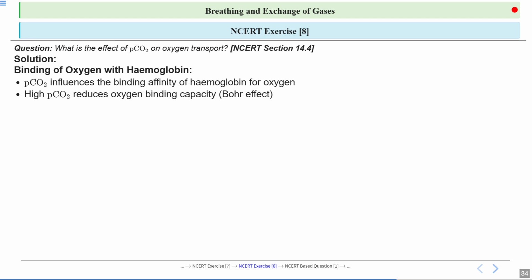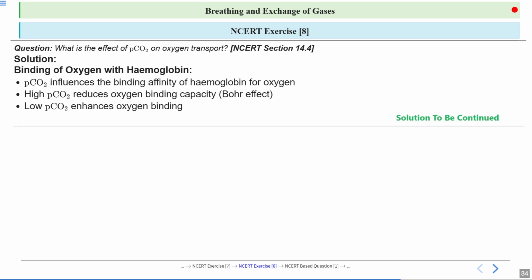This is the Bohr effect. If the carbon dioxide concentration is more, it reduces the oxygen binding capacity, right? So low partial pressure of carbon dioxide enhances oxygen binding. If the partial pressure of carbon dioxide is less, then it can enhance the oxygen binding capacity.